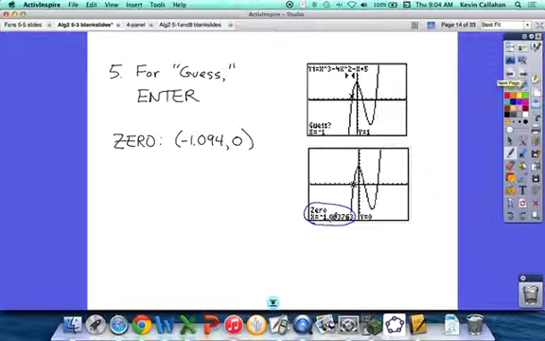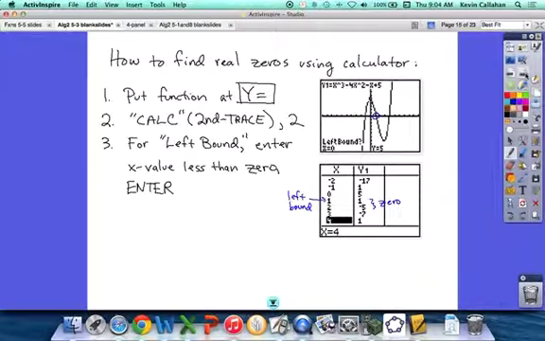So did we get our zero of -1.093? Then we have to find the other two zeros. Now we're going to find the middle zero. That middle zero is in between which two x values? 1 and 2. The change of sign happens between x equals 1 and x equals 2. So your left bound will be 1, your right bound will be 2. Try that.